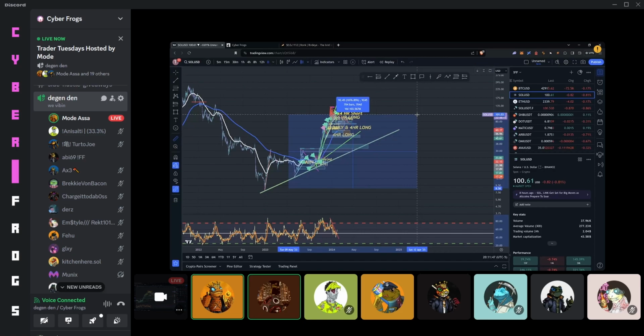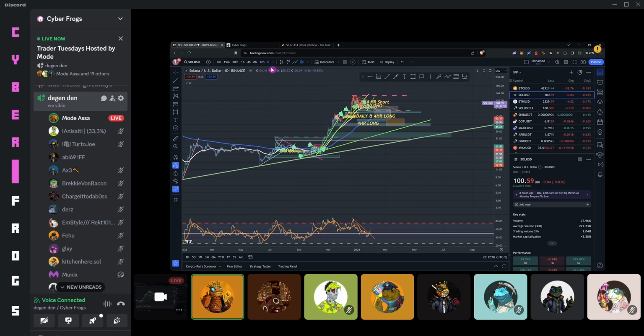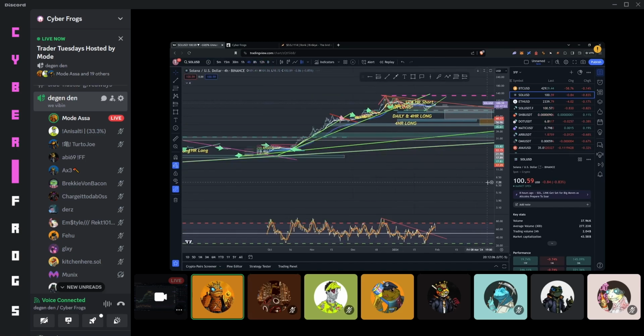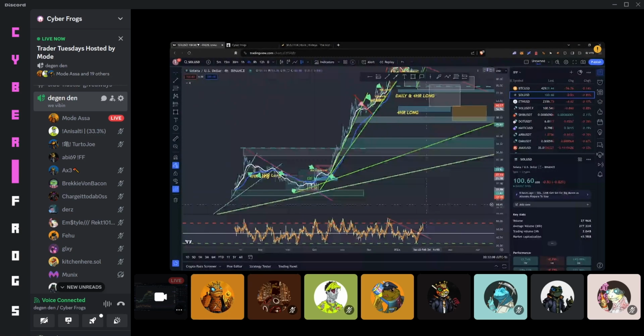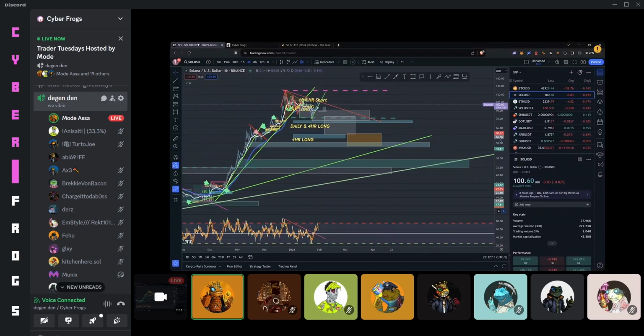You see how there's an extra digit on the end there? That tells you something ridiculous happened. Just like it pumped harder than Bitcoin and the other assets, it could definitely retrace harder than Bitcoin and other assets.